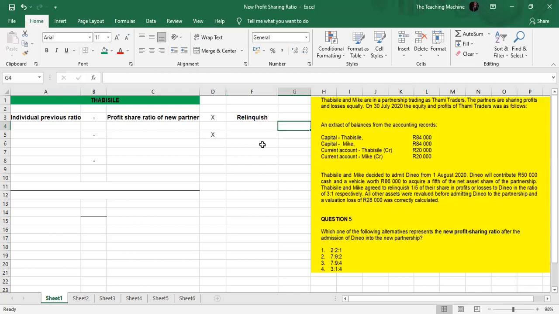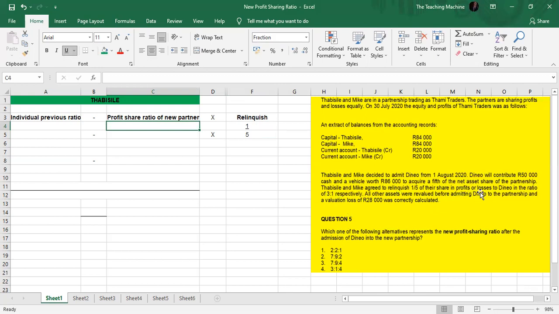So I'm going to record 1/5. Now, what is the profit share of the new partner? This refers to the ratio that they have agreed to split their profit according to the new partner. All right, so it's 3:1.